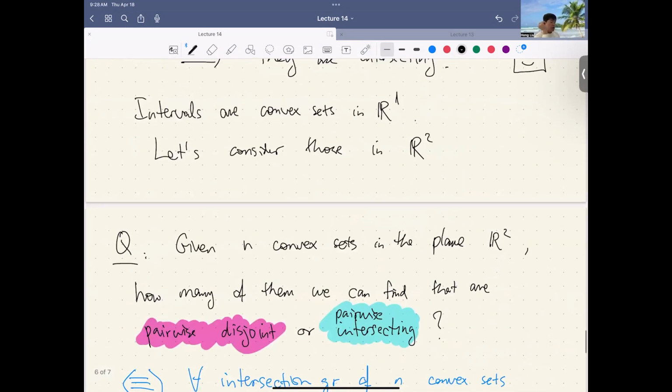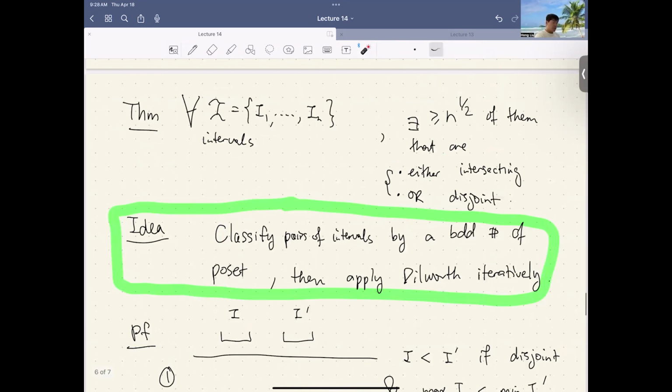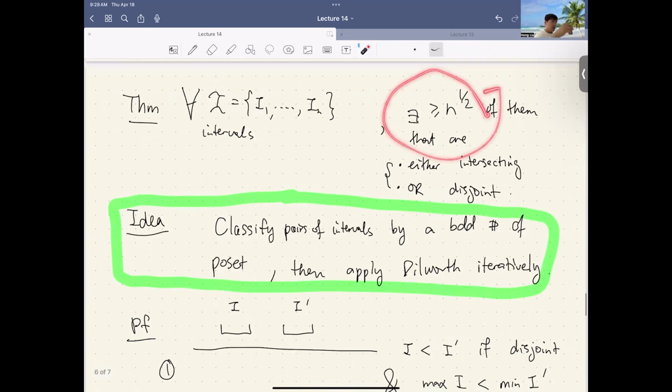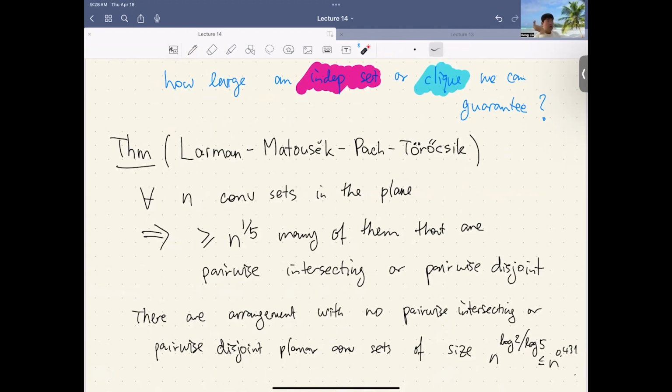We witness a very strong Ramsey bound, which is square root n. Then, by this result of Larman, Matoušek, Pach, and Törőcsik, we see that in 2 dimensions, intersection graphs of convex sets also have a very strong Ramsey statement, n to the 1/5, polynomial in n.